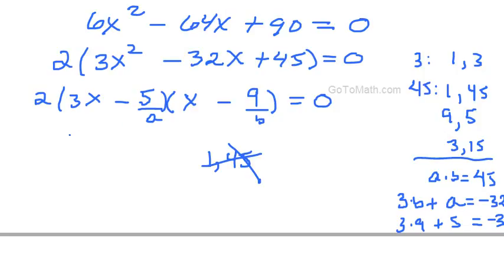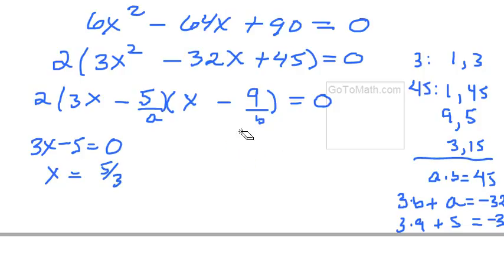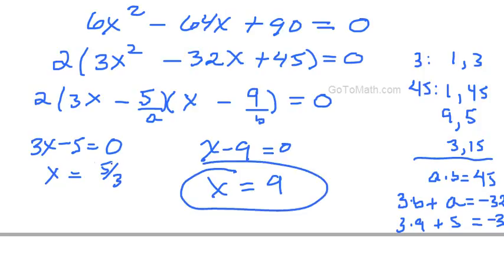So we set both factors equal to 0. 3x minus 5 gives x equal to 5/3, and the other factor gives x equal to 9. 5/3 and 9.